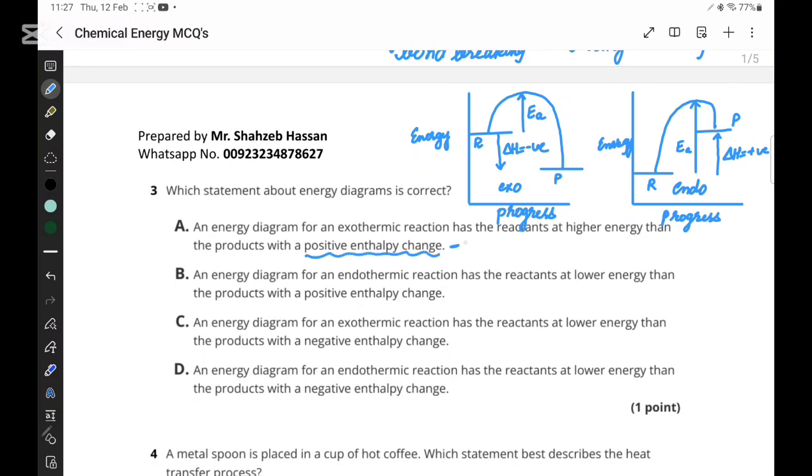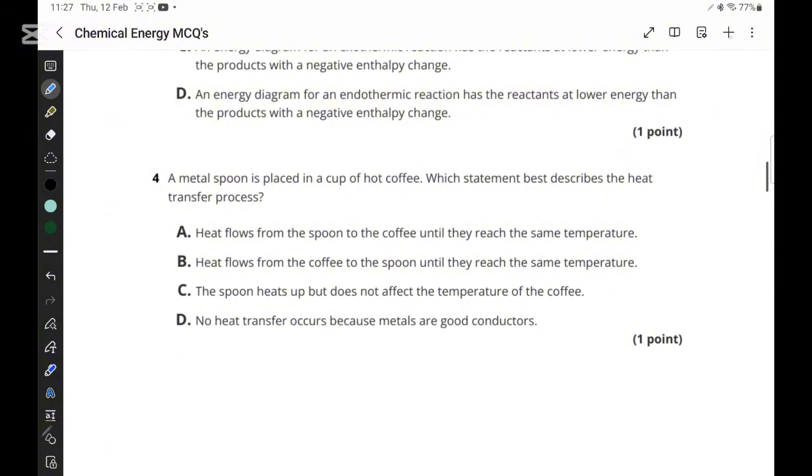No, it is going to be the negative enthalpy value, because you can see here. Then the energy diagram for an endothermic reaction has the reactant at low energy, absolutely right, then the product with the positive enthalpy change. This option is absolutely correct, because reactants are at low energy, products are at high energy, and enthalpy change is also positive. So this option is right.